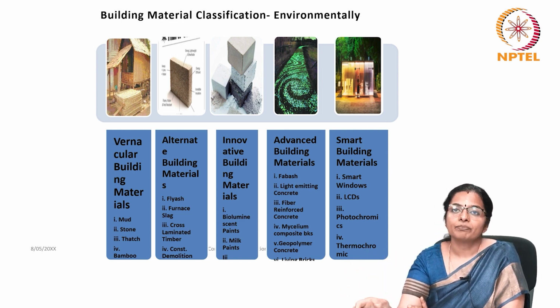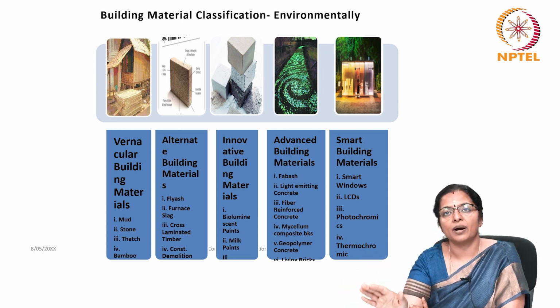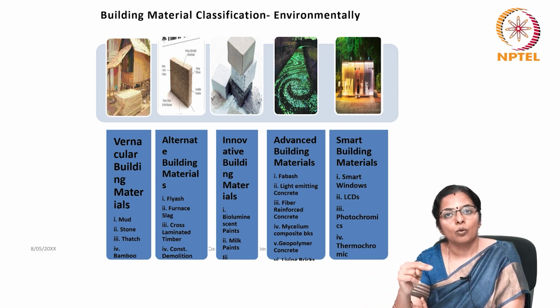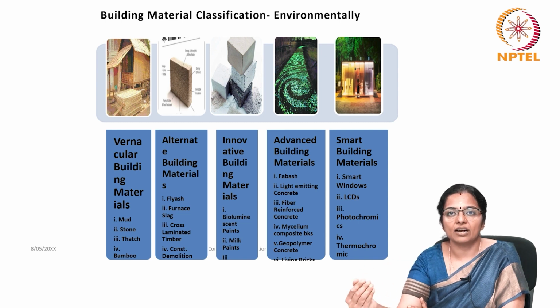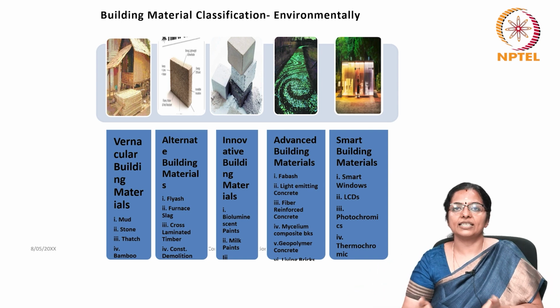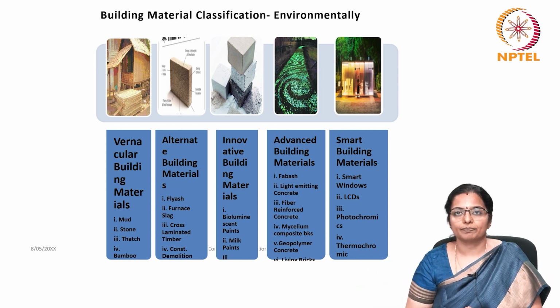That is where you all can pitch in as researchers and experiment the application of innovative building materials and smart building materials in architecture. So, you have a twofold responsibility. One is to do a lot of research and bring out the application of these materials in architecture, and second is to have a propaganda to apply these materials in architecture.